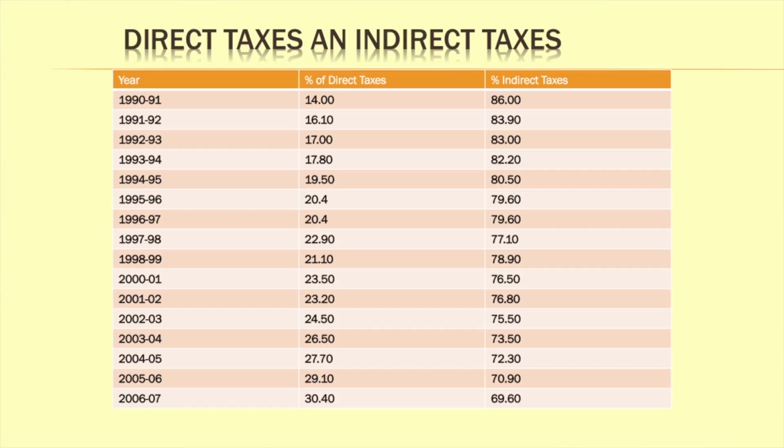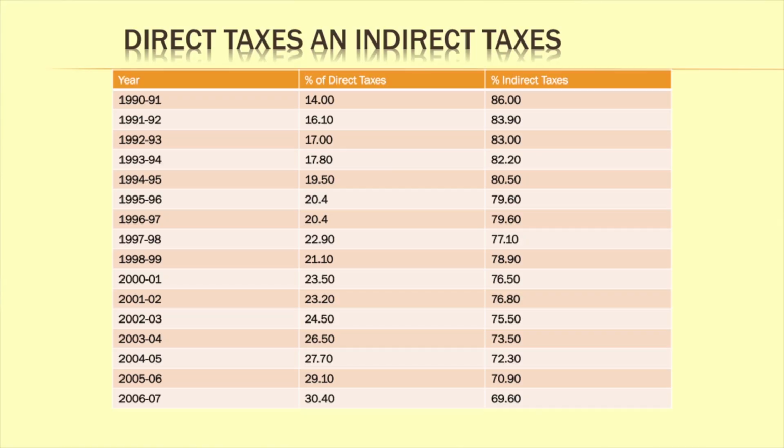If you look into the composition of the taxes, there are two types of taxes: direct taxes and indirect taxes. Direct taxes are taxes collected directly from individuals, for example income tax and property tax. Indirect taxes are sales tax, commercial tax, and at present GST.